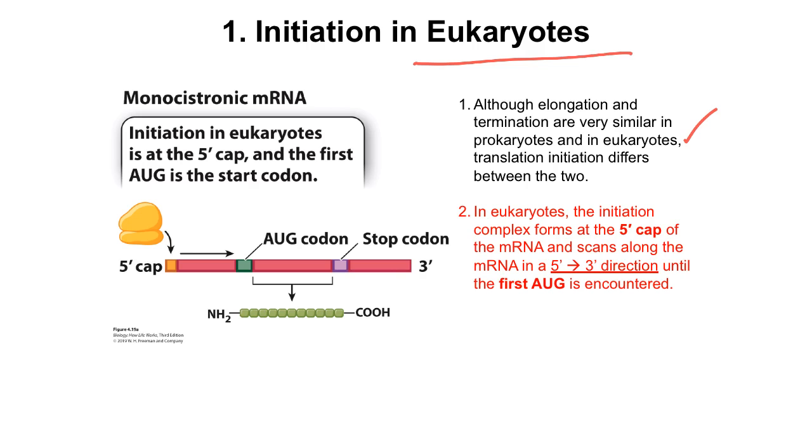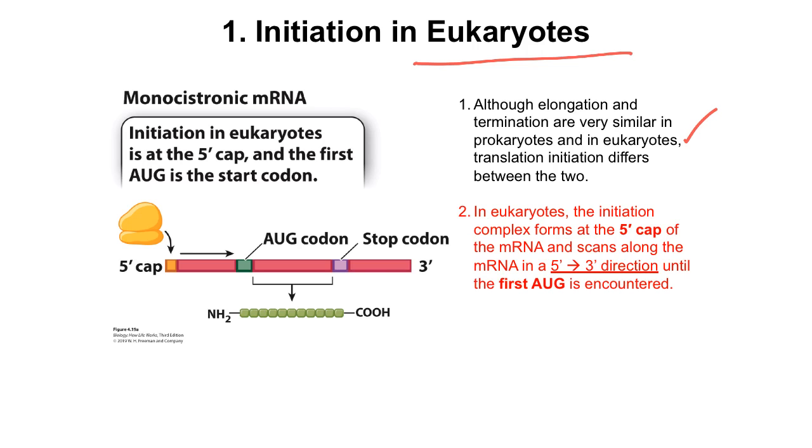And each mRNA that gets exported into the cytoplasm is a mature mRNA because it has undergone processing, and they always encode a single polypeptide chain.